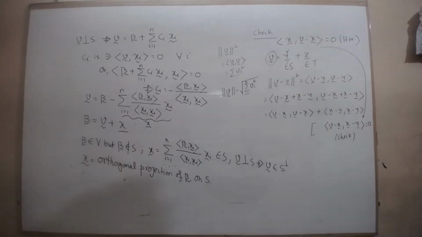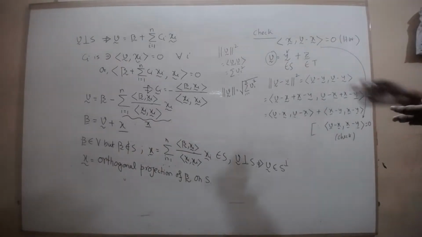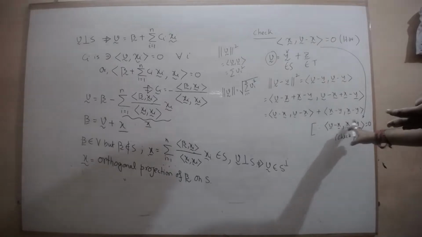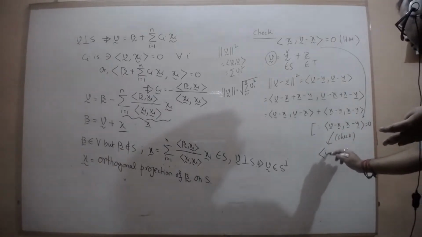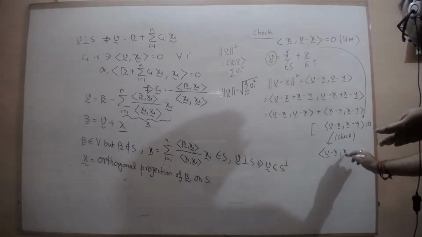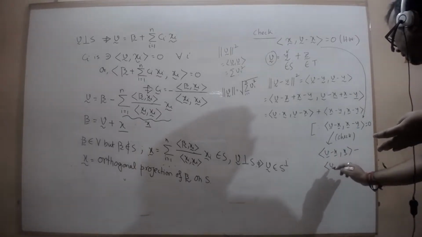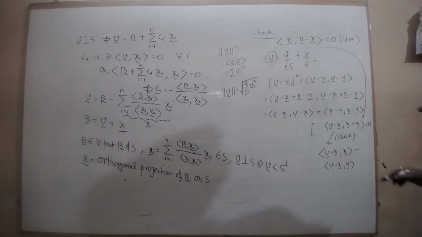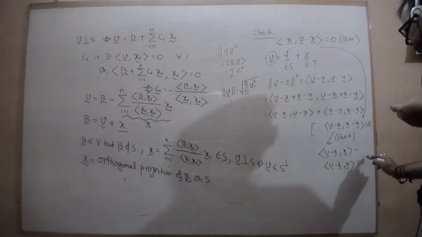See, v curve minus x curve is this, and x curve minus y curve belongs to S. This is nothing but x curve. You can keep this as x curve, or you break this part into two parts. Since y curve belongs to S and V minus x curve belongs to the orthocomplement space of S, then this should be 0.